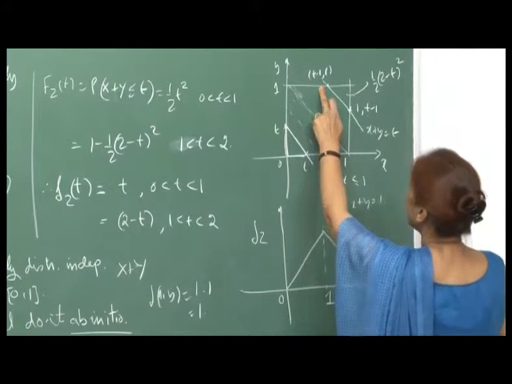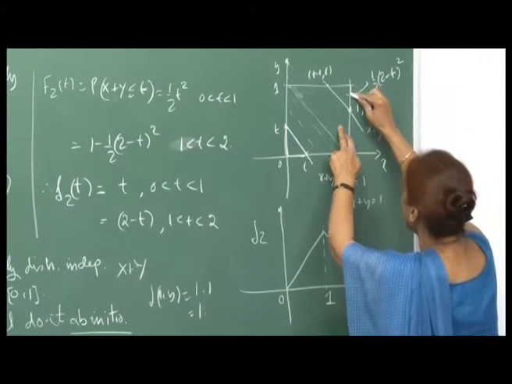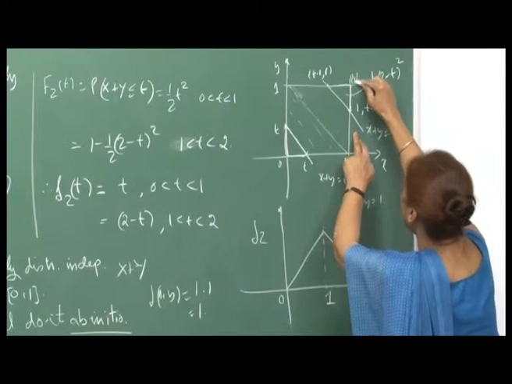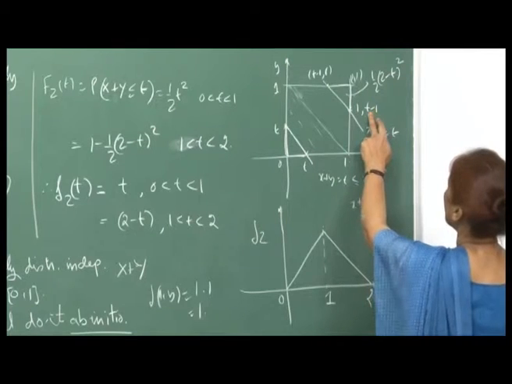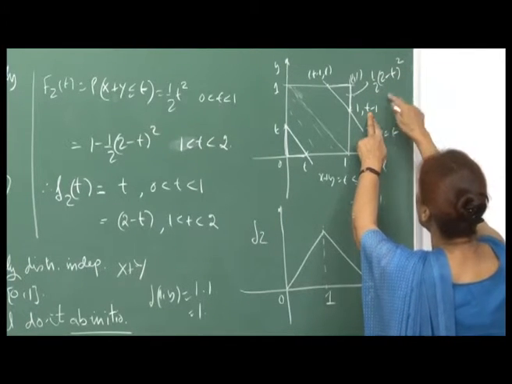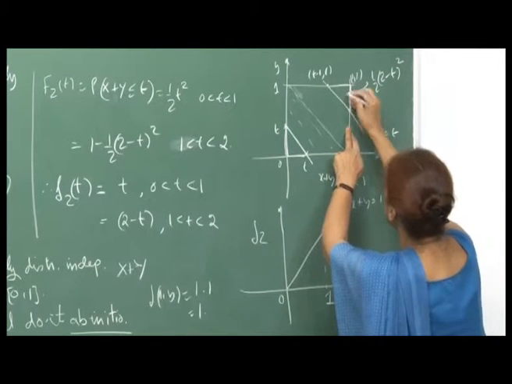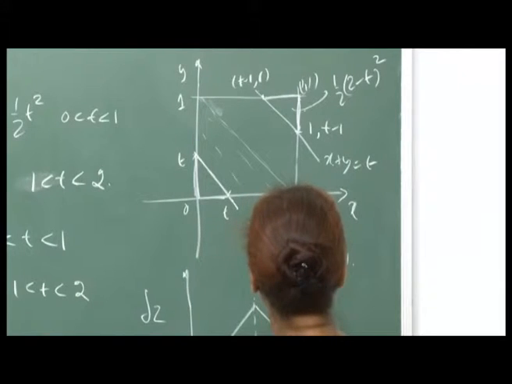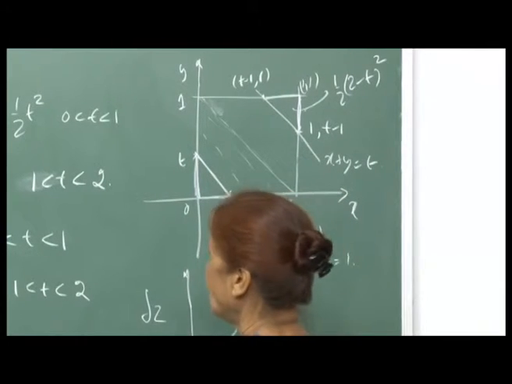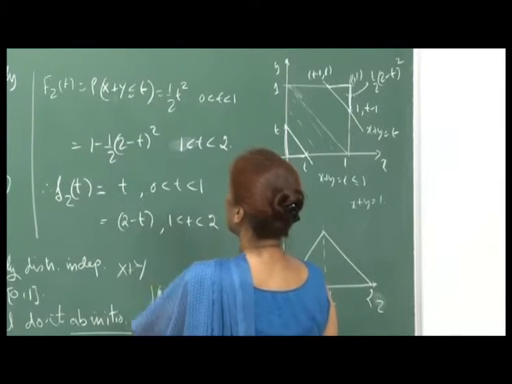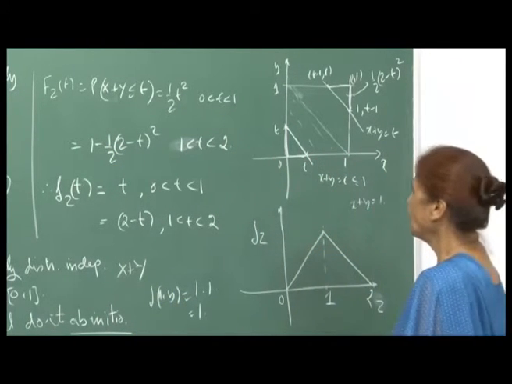Similarly, this point is t minus 1, 1. This point is 1, 1. So, 1 minus (t minus 1) is 2 minus t. So, this length is 2 minus t, and this length is also 2 minus t. The area of that triangle is half of (2 minus t) whole square, and therefore, the required probability is 1 minus 1 by 2 into (2 minus t) whole square, when t lies between 1 and 2.